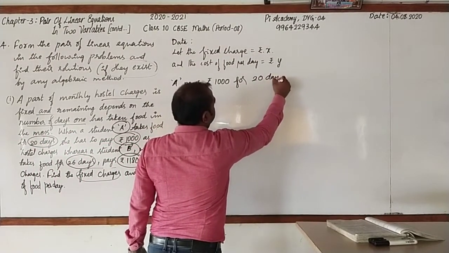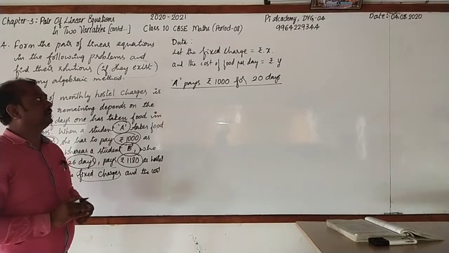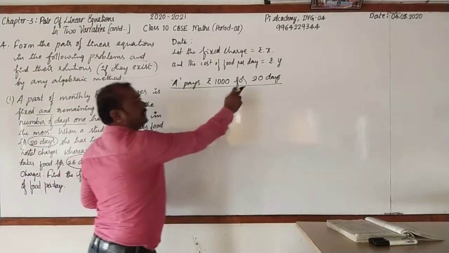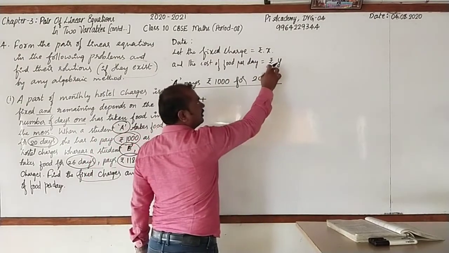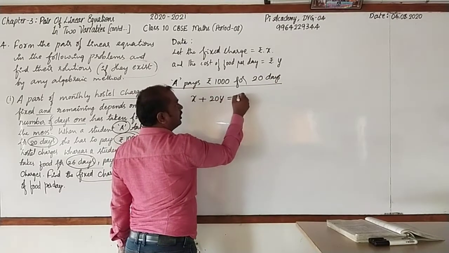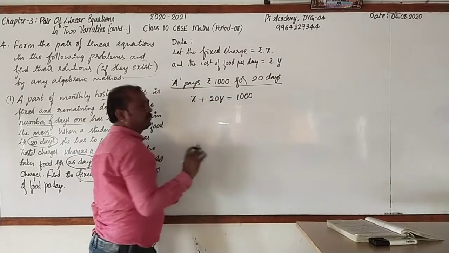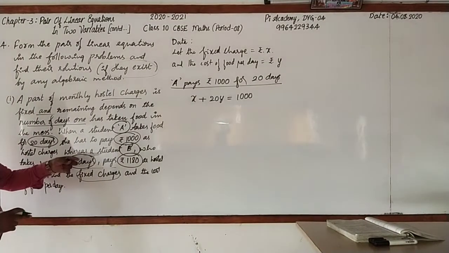So that includes both the fixed charge and the charge for 20 days. What is the fixed charge? X. For 1 day, Y rupees. For 20 days, 20Y. Altogether it is 1000 rupees. Clear? Similarly, let's move on to another student.